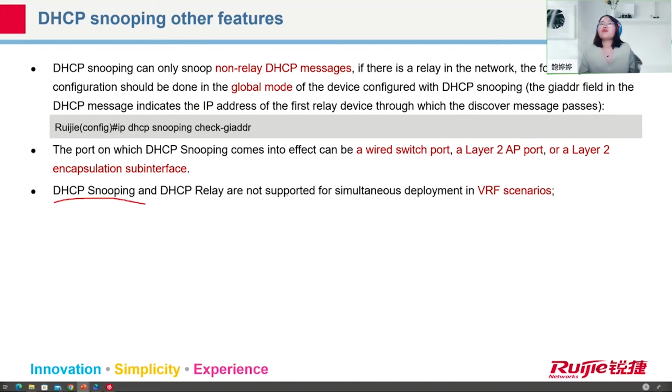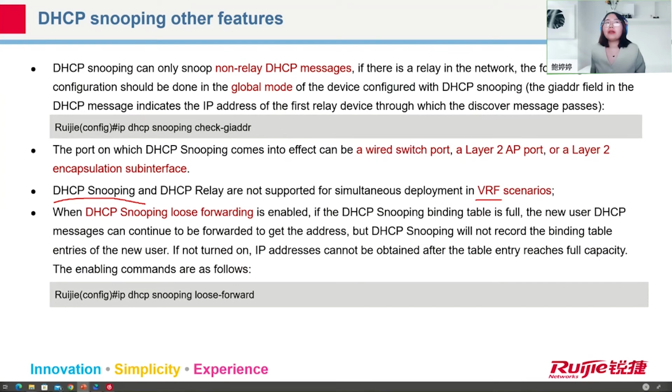DHCP snooping and DHCP relay are not supported for simultaneous deployment in VRF scenarios. Maybe if you deploy some MPLS technology in your network, you will see the VRF, or maybe if you use BGP, you can see the VRF technology. But here, you only need to know the limitation.